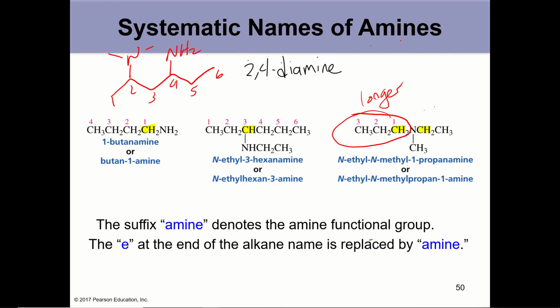For nomenclature of amines, the suffix for the priority chain is going to be amine rather than ane or al. And the longest chain is the longest chain which contains a bond to nitrogen.